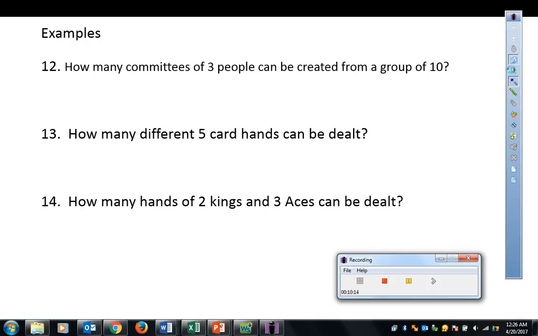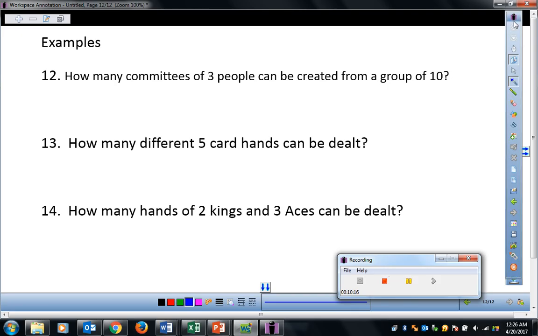So a committee has 3 people on it, or how many committees of 3 people can be created from a group of 10. Here I just want the committee, the order does not matter. So n is, I have 10 total, so 10 factorial over r factorial, 3 factorial, times 10 minus r factorial. So this is 10 factorial over 3 factorial times 7 factorial.